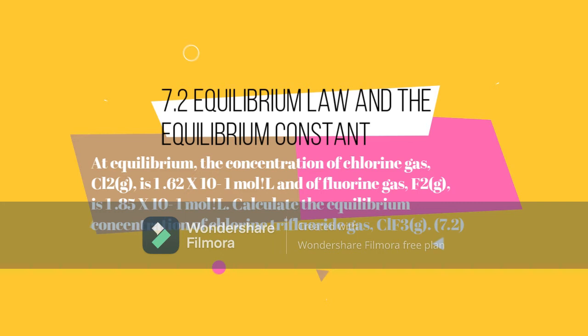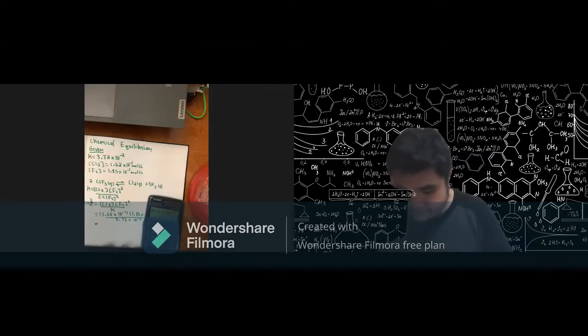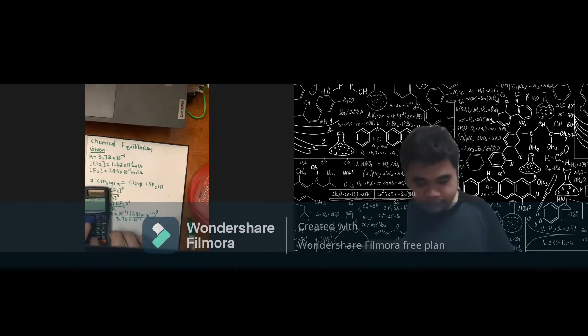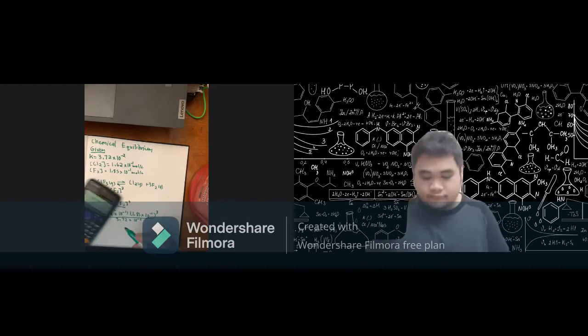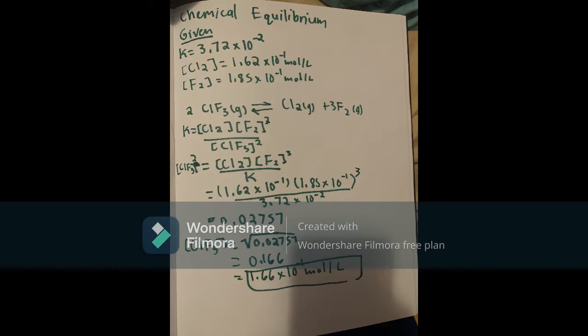Calculate the equilibrium concentration of chlorine trifluoride gas. In this question, all I had to do was use the equilibrium law equation and sub in all its designated values into the equation. At the end, I was able to isolate for chlorine trifluoride gas.